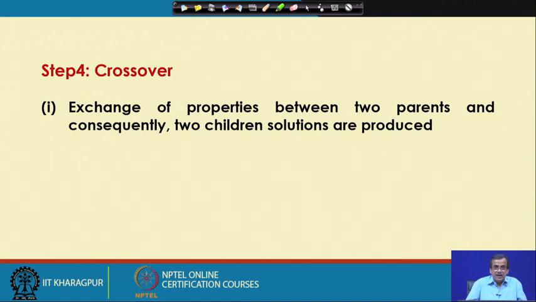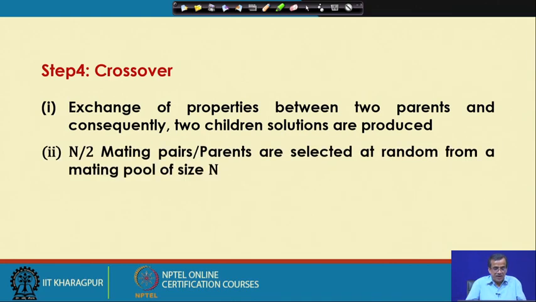Now, how to implement this crossover operator? To implement this operator, we first select the mating pairs, and each mating pair consists of two solutions. So, out of the population size of capital N, there will be N by 2 mating pairs, and these N by 2 mating pairs will be selected at random.